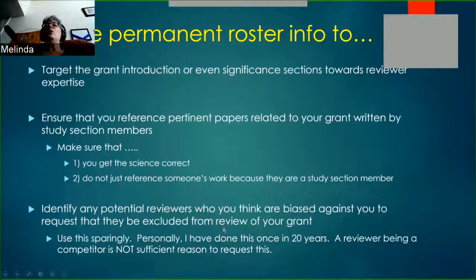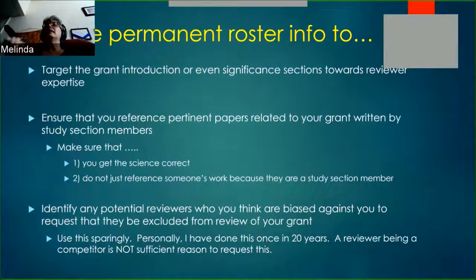Otherwise, you have to understand that you will be reviewed by people who are directly in your field and maybe in competition with you. In many ways, they are the best reviewers because they're the real field-specific experts. They're also the people who you may be surprised to learn may be your biggest advocates, especially if you've come up with a really, really interesting idea that they really want to see done.